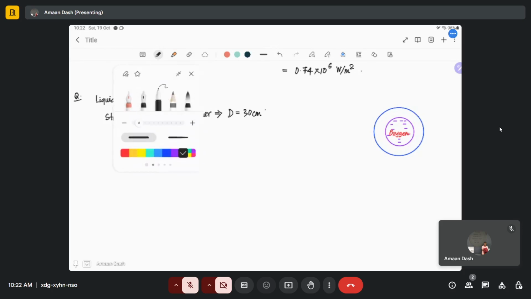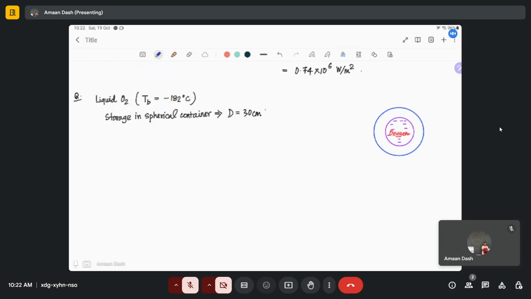So this part that we have is nothing but the evacuated space, and this has an inner diameter of 45 centimeters.